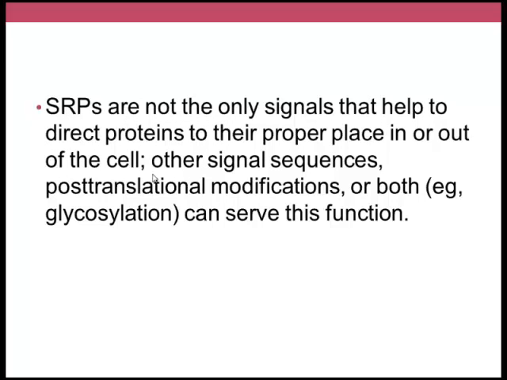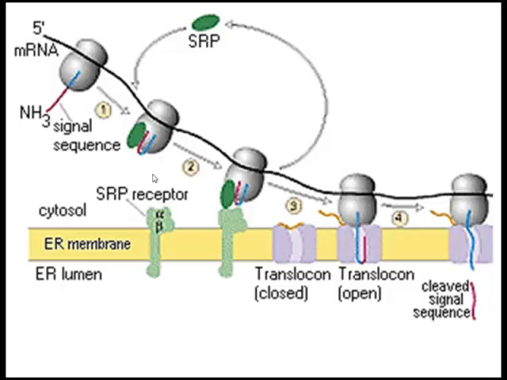The SRPs are not the only signals that help direct proteins to their proper place. There are other signal sequences, post-translational modifications, or both that can serve this function of guidance. So this is the growing polypeptide chain, and this is the translocon, which is the pore on the endoplasmic reticulum.